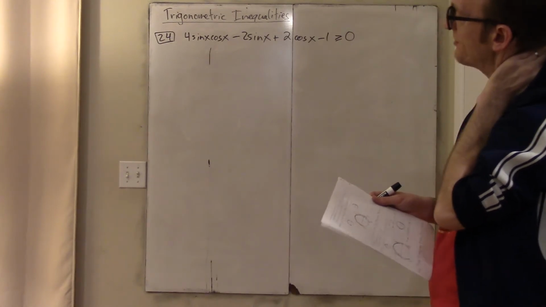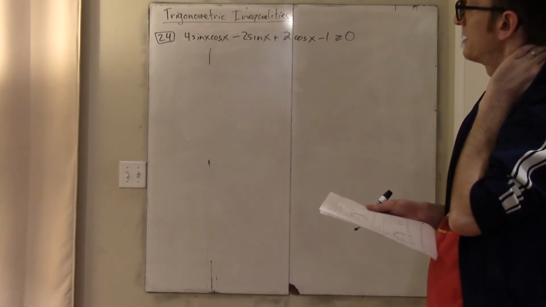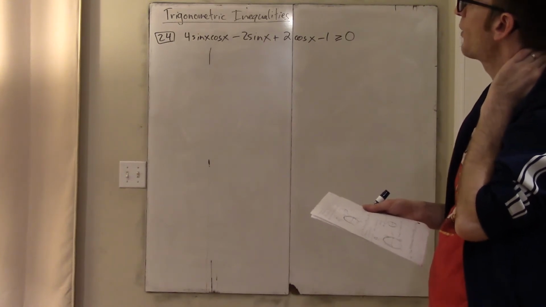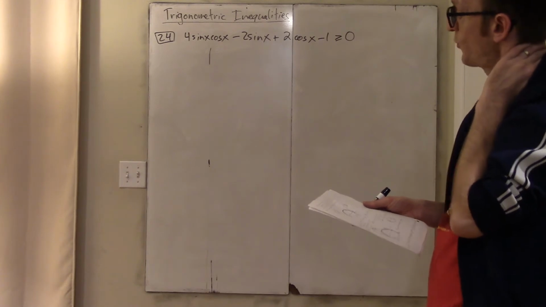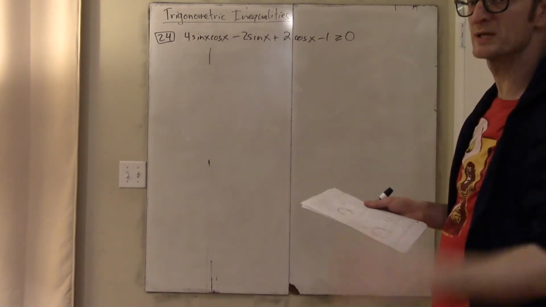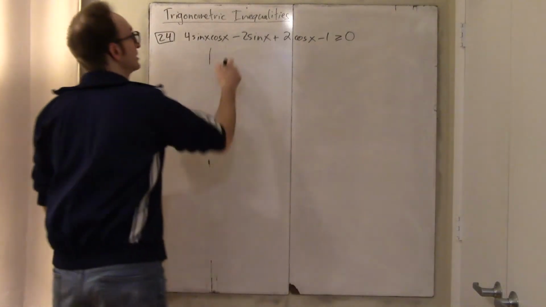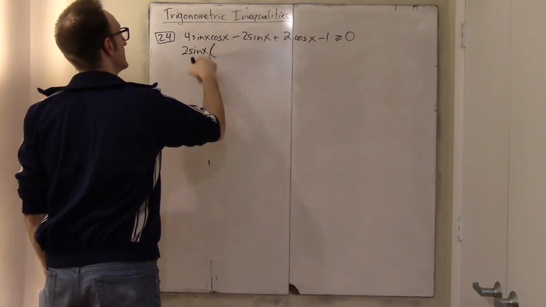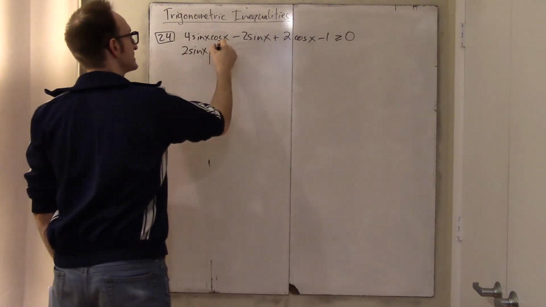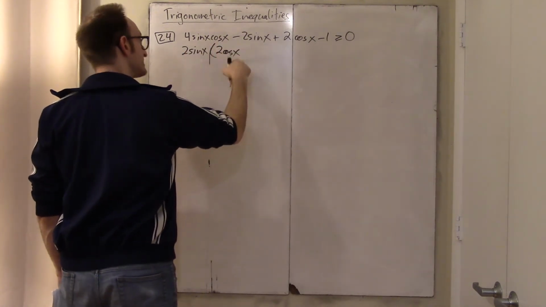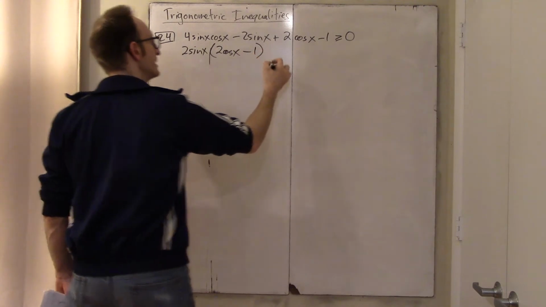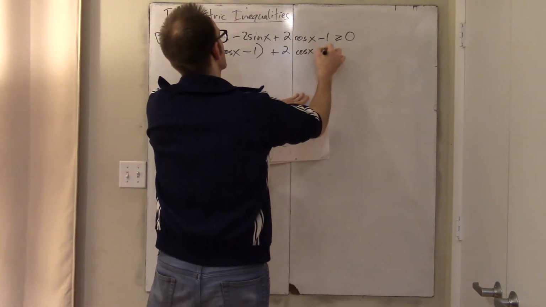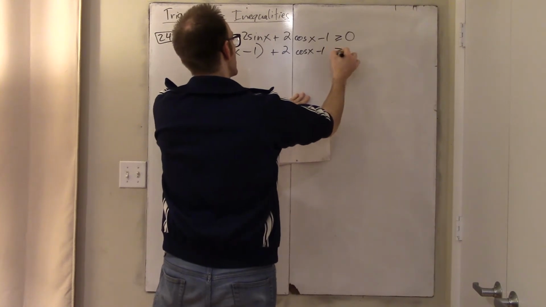Well, to bring some kind of sense to this, I should probably try to factor. And well, what do you know? It really does factor. 4 terms, so factoring by grouping is a possibility, and in fact, it's a good possibility. If I factor out 2 sine x from this, then I get 2 cosine x minus 1 plus, and here I just have again 2 cosine x minus 1 is greater than or equal to 0.